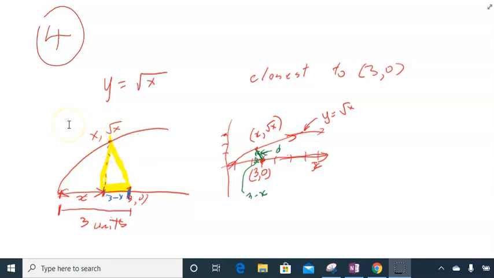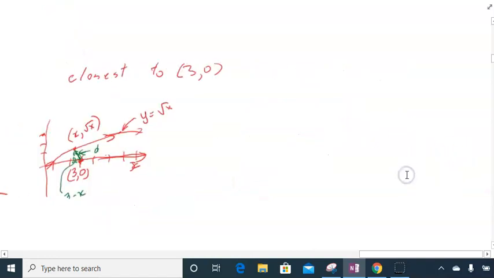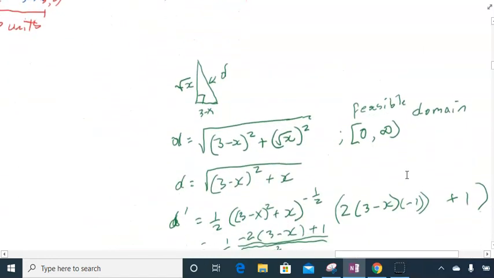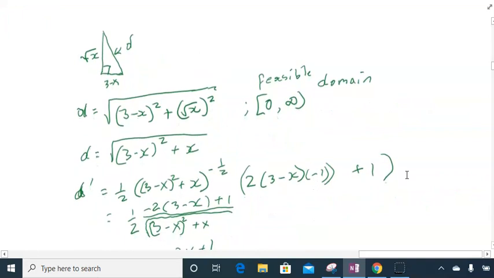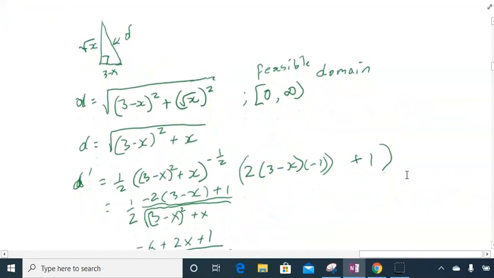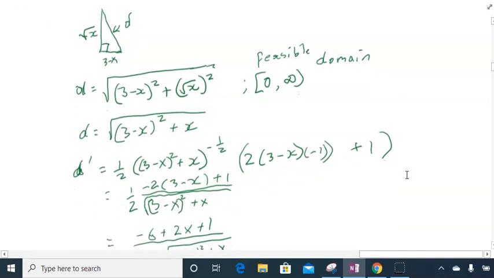So we're going to apply a distance formula idea, or Pythagorean theorem idea. Here we have our right triangle, and we can use our right triangle. D is equal to radical (3 minus x) squared plus (radical x) squared.